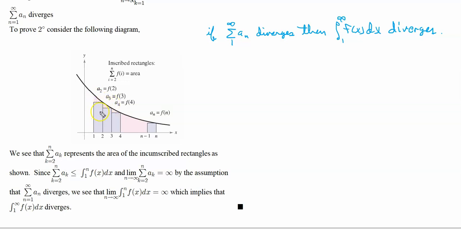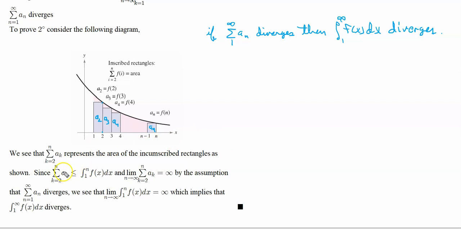So this first rectangle is actually a2, because the height is a2, that's f of 2 right there, and the width is 1, so this area is a2. This rectangle has area a3, this rectangle here has area a4, and so on. This rectangle down here has area an.